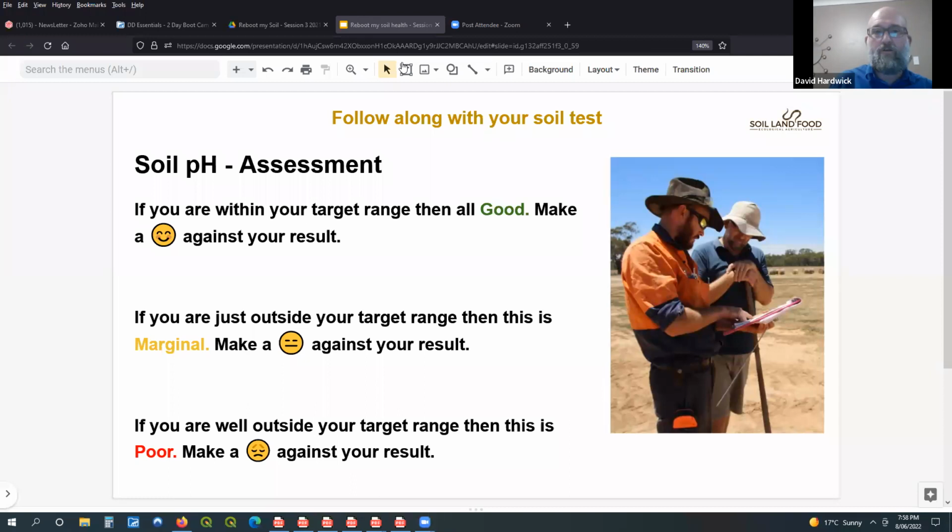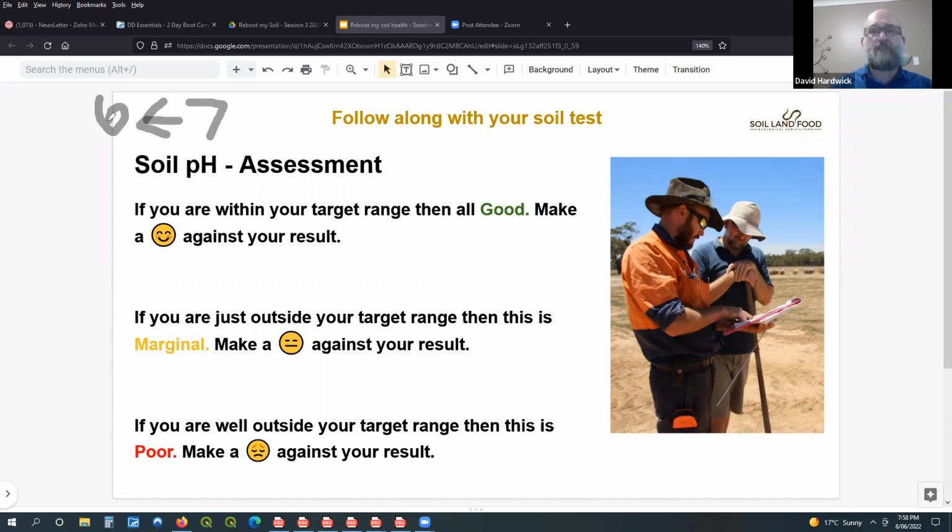All right, so if I just get the squiggly doodah going, just remember with your pH that when you go from a pH of 7 down to 6, that's not just one time more acidity, it's 10 times, because pH is a log measurement.